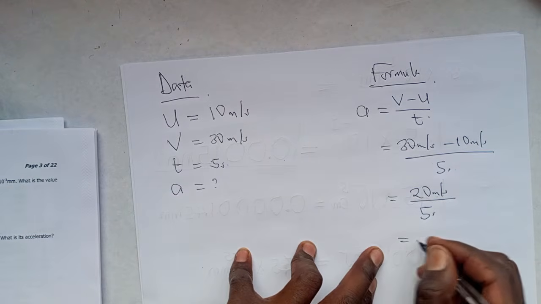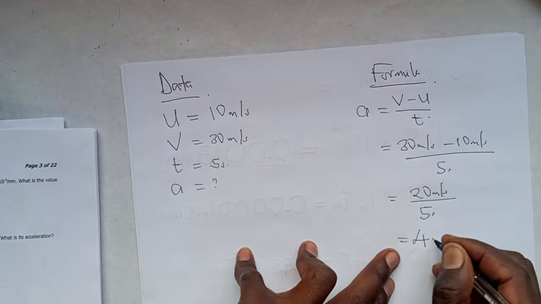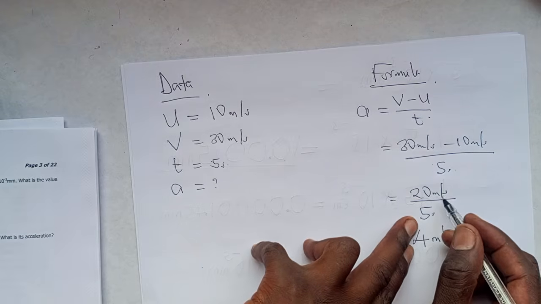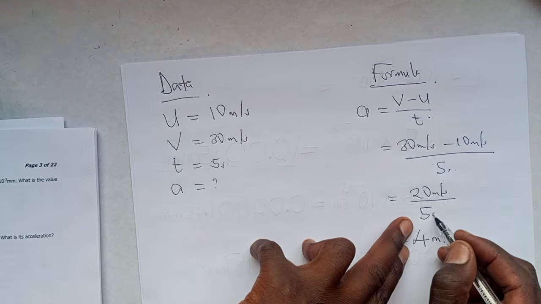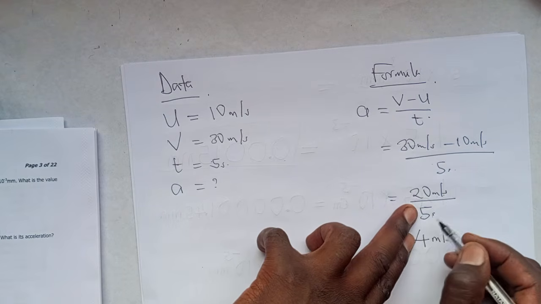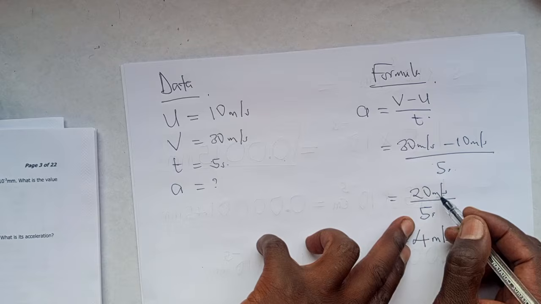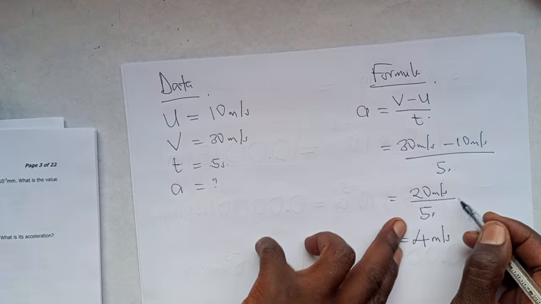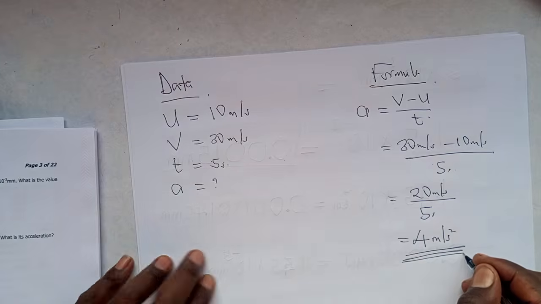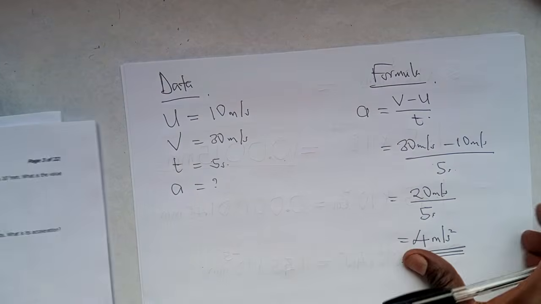And what are we going to have? We're going to have 4 meters per second. Remember, it's like we're dividing second over second. Meter per second divided by second is like you're saying meter per second multiplied by 1 over second, which will be meters per second squared. This is the answer. We move on to the next question.